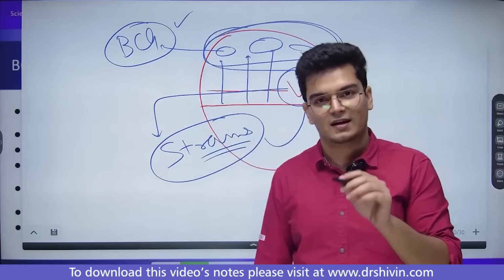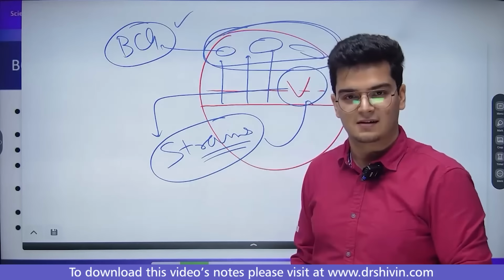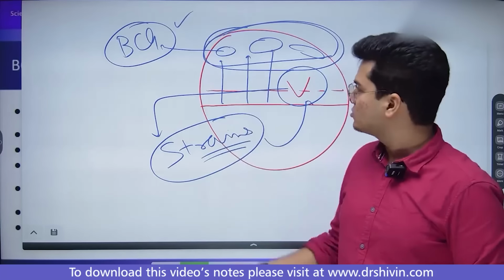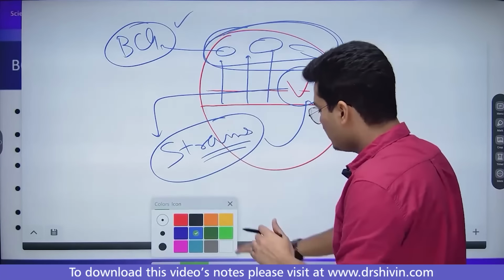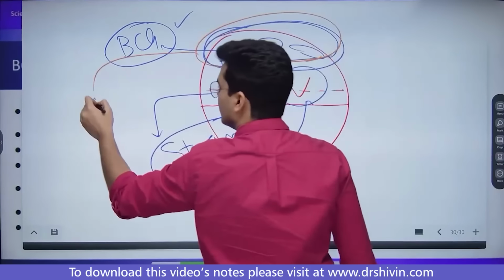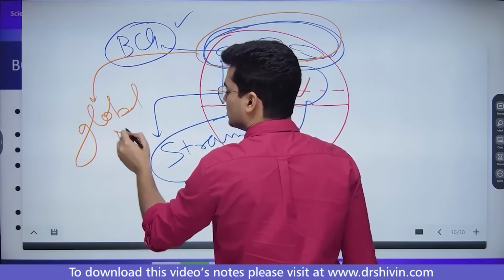So there is an idea you will see in PT 365 also called neglected tropical diseases. This is why neglecting of tropical diseases happens, because all the money in the world is concentrated in these latitudes. So in IR we use a term called the global north.